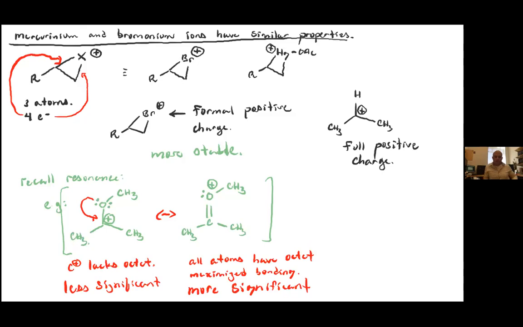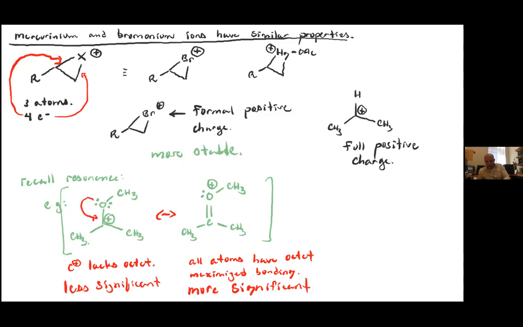In the bromonium ion, I've maximized bonding and filled the octet of the carbon. In a carbocation, I have an electron deficient carbon that only has 6 electrons around it, so it has a full positive charge. And that is a less stable arrangement.